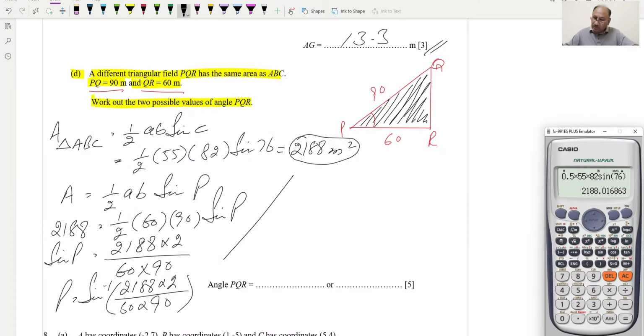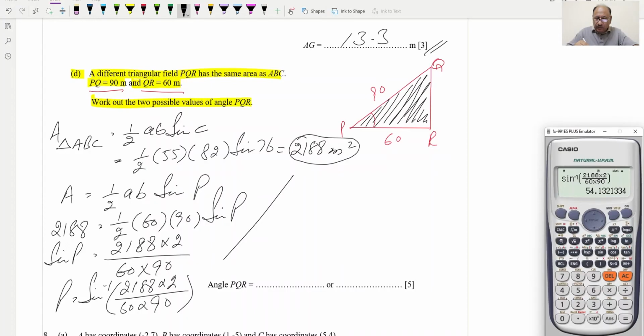We will calculate this: shift sine of fraction 2188 multiply by 2, over 60 and 90, and this is equal to 54. We can take it as 54.